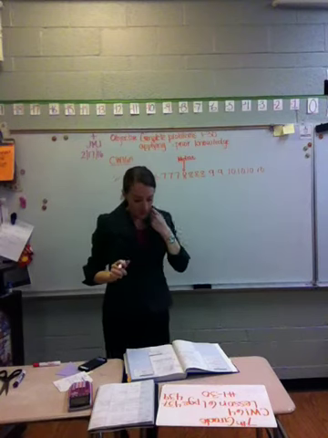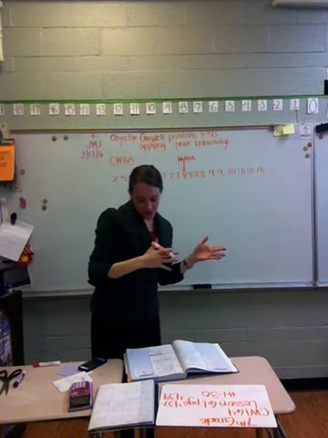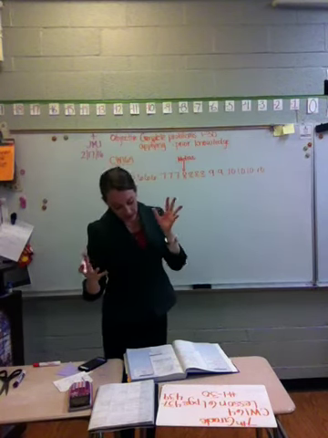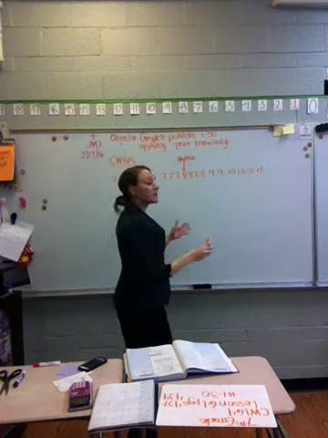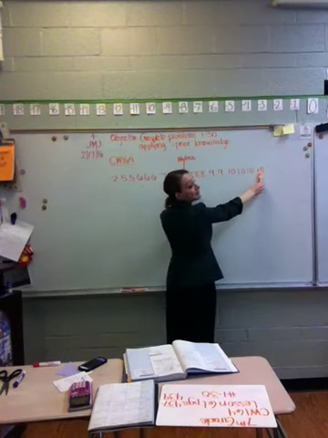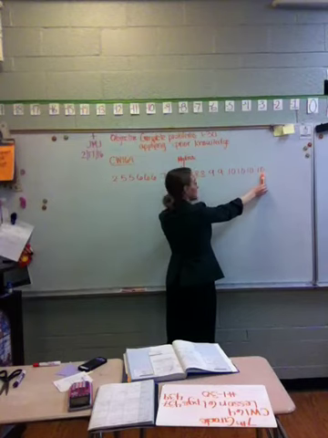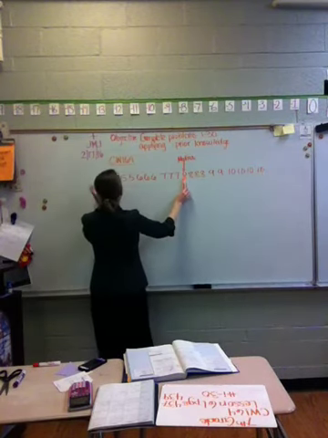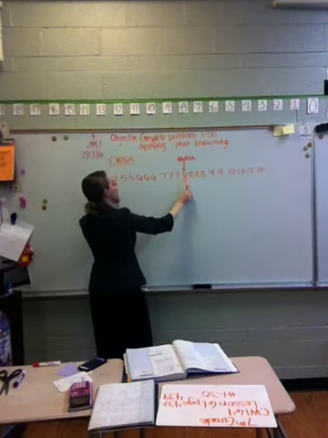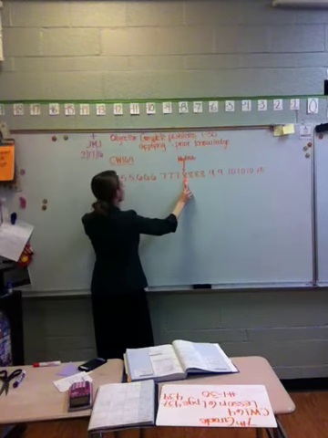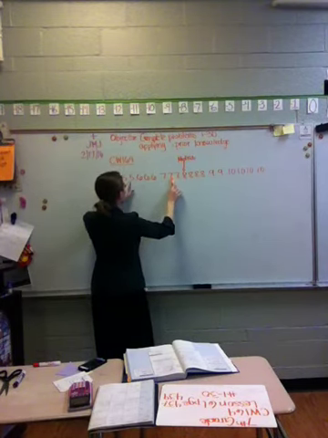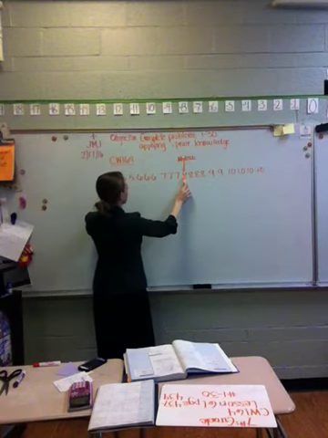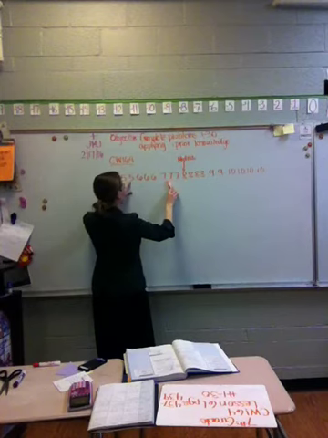Okay? Then it says find the first quartile and the third quartile. So remember, my third quartile is halfway between my end and my median. And then my first quartile is halfway between my beginning and my median. So let's go ahead and do that. We go 1 in, 1 in, 1 in, 1 in, 1 in, 1 in, 1 in, 1 in.